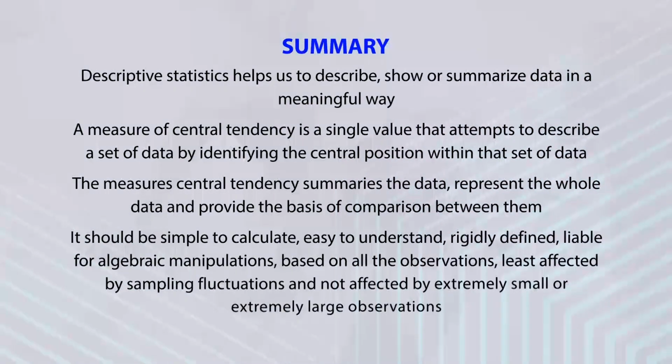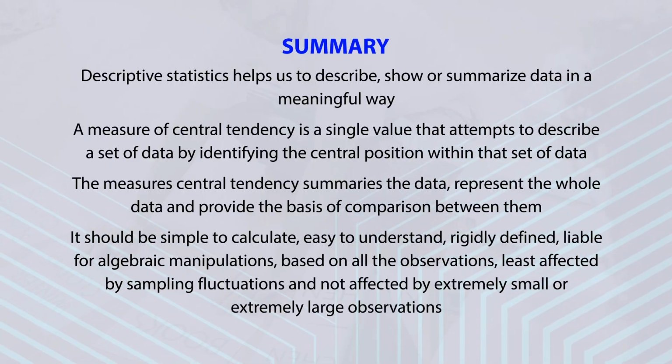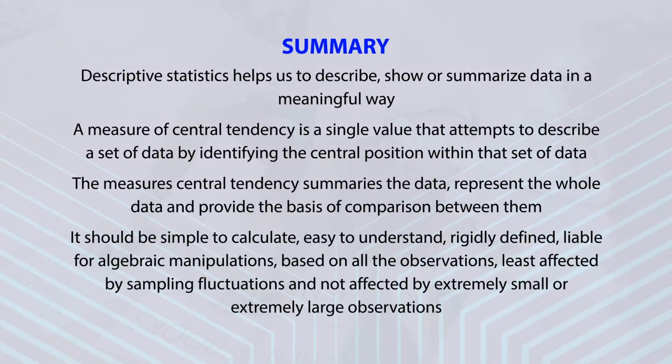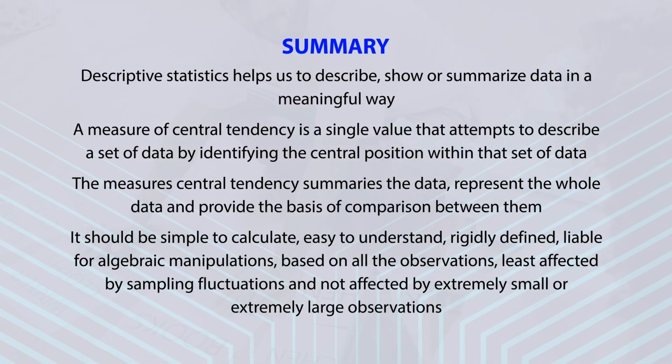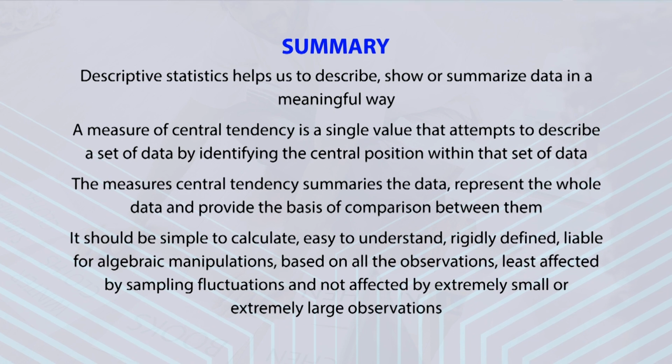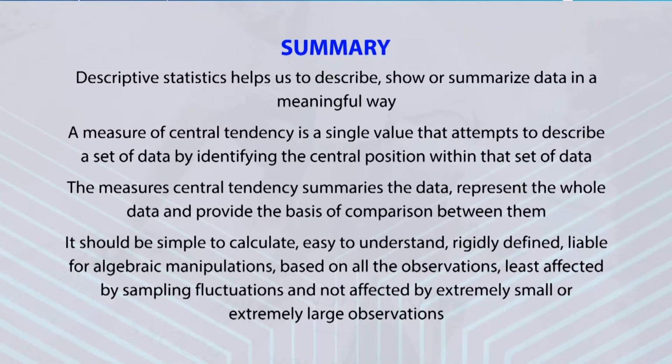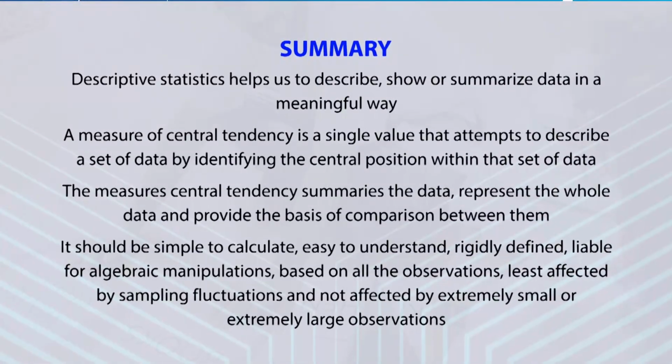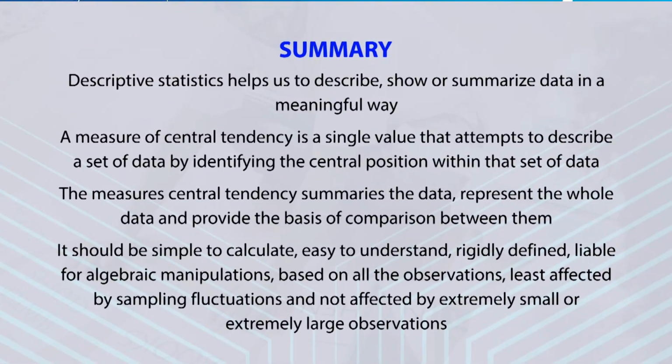We have also discussed that a good measure of central tendency should be simple to calculate, easy to understand, rigidly defined, liable to algebraic manipulation, based on all the observations, least affected by sampling fluctuations and not affected by extremely small or extremely large observations.